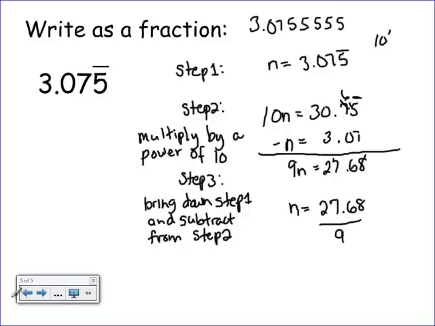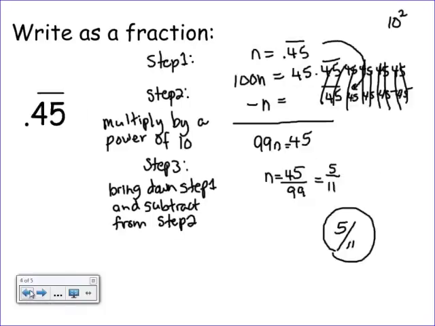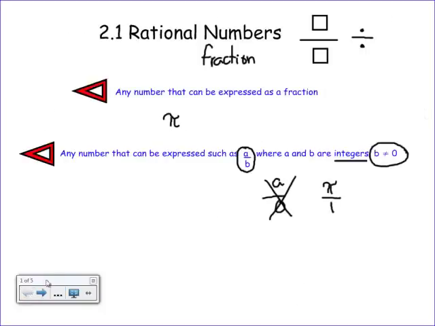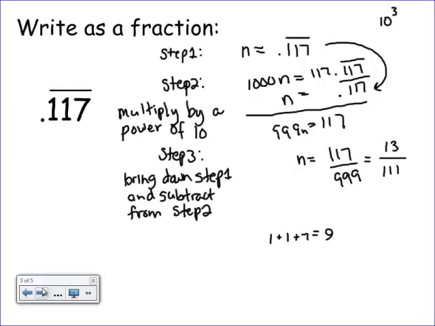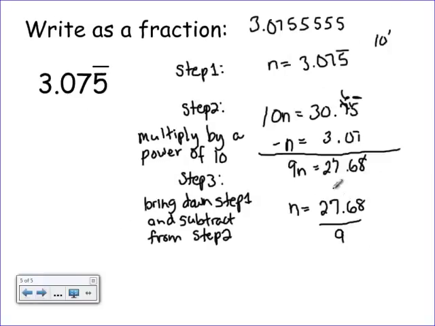Nope. If we come back to our decimal definition, it's any number that can be expressed as a over b where a and b are integers. And if I come back to my last slide here, 27.68 is not an integer, it's a decimal. It's a dirty decimal hanging out in our friendly fraction. So we can fix that.